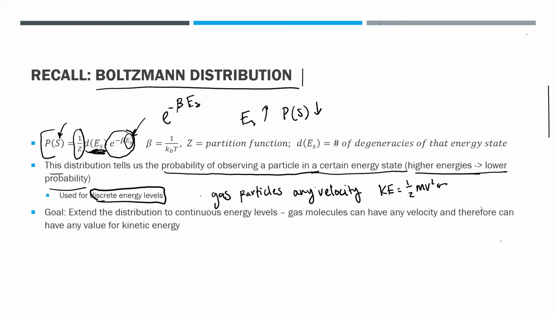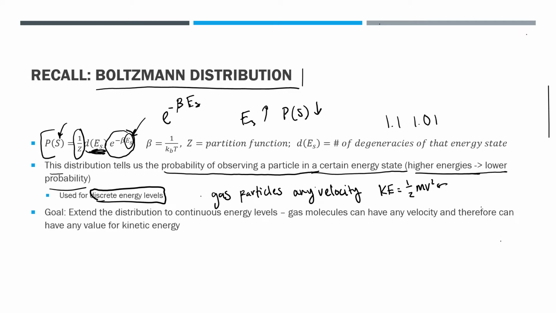So we have velocity here, and we can have a continuous distribution of velocities. We can have any velocity. It's not like we're only able to go 1 meter per second, 2 meters per second, and 3 meters per second, right? We can have a continuous change in velocity. We can go 1, 1.1, 1.01, we can have any of these numbers.